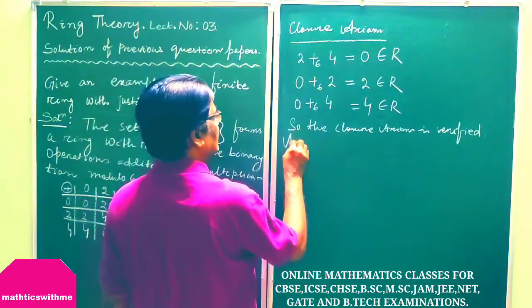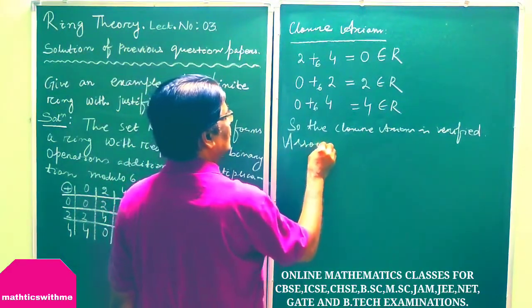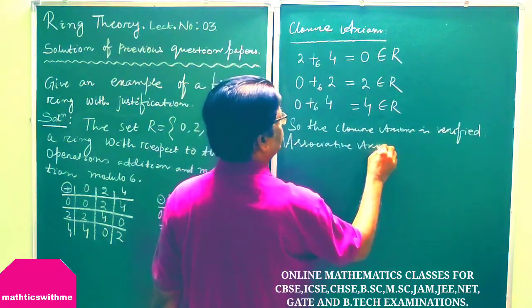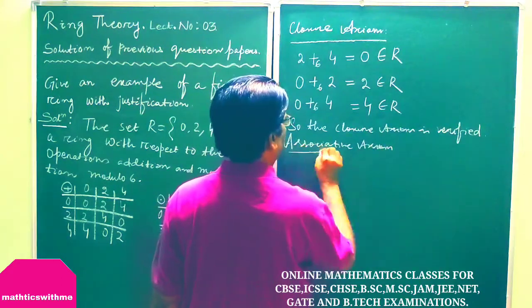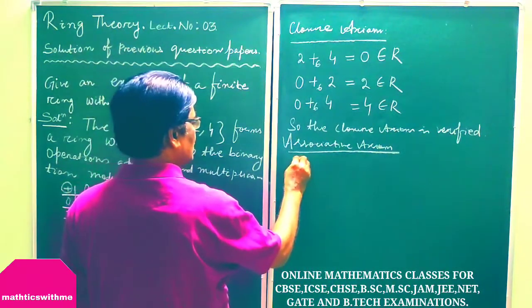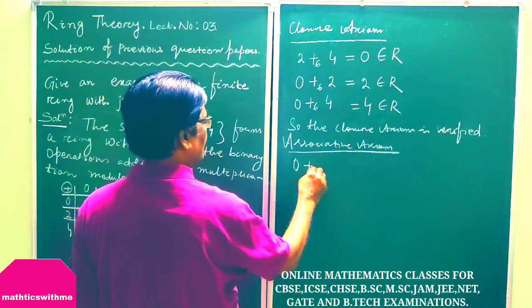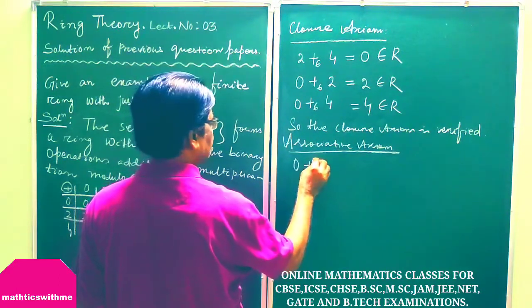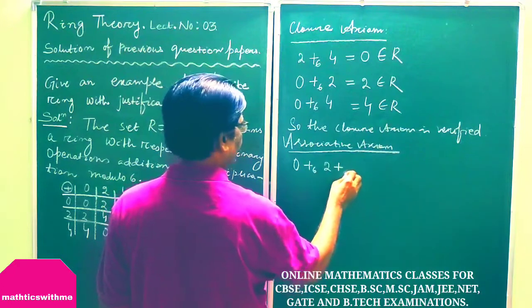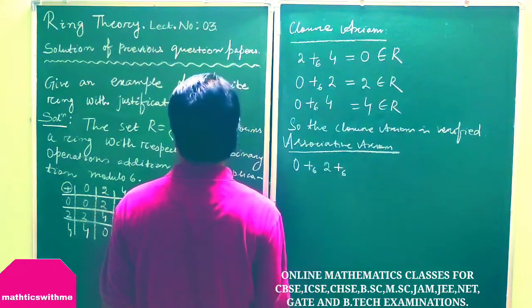Next, the associative axiom. Now 0 addition modulo 6 (2 addition modulo 6 4).